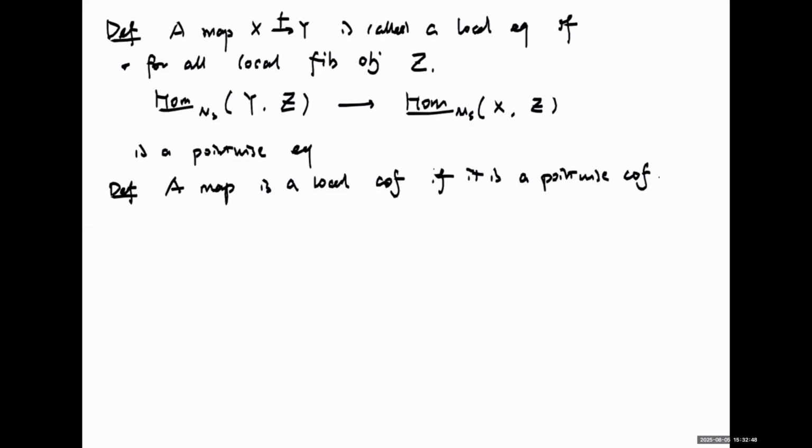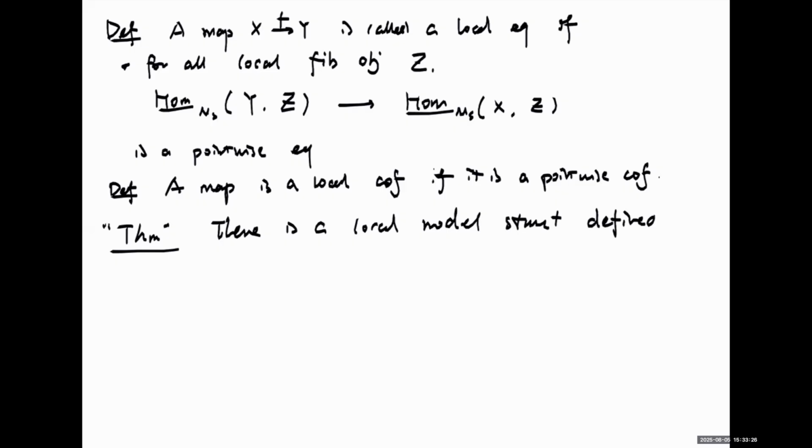So we sort of have all the equivalences, fibrations and cofibrations, and you really should say, okay, there is a model category on it, and the conclusion is yes, of course, theorem. I'm not really saying this is a theorem because I didn't really define it, but there is a local model structure defined above.